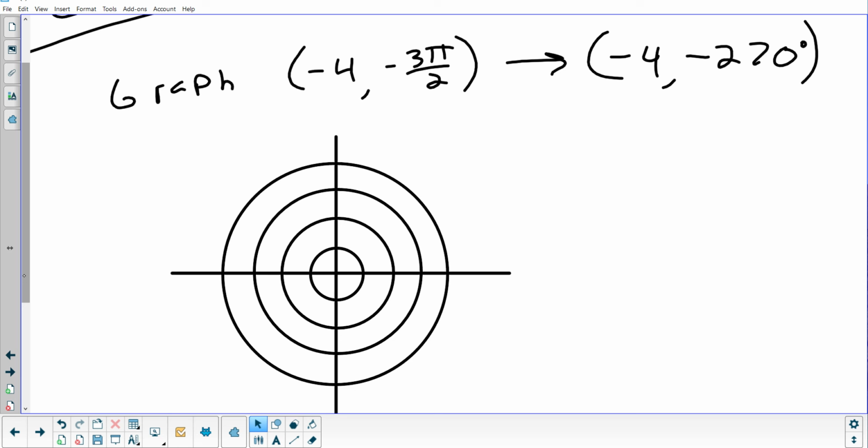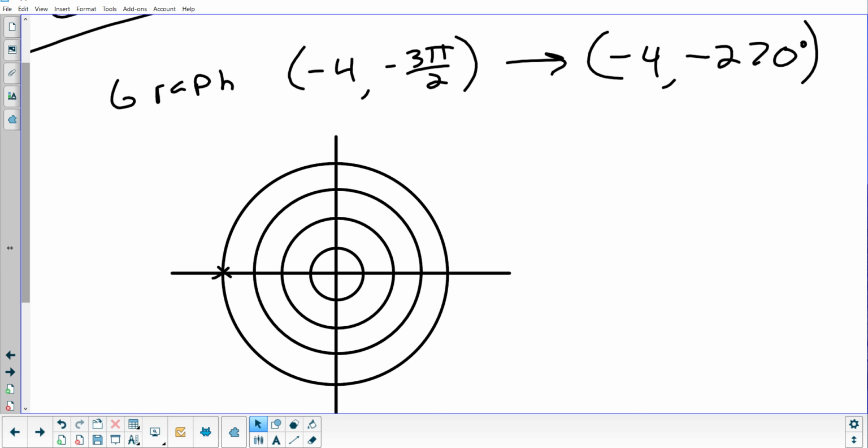So how can you tell me where that's telling me to move? So the radius doesn't give you clockwise or counterclockwise. That's just left. How many? 4. So we're going to start by going left 4.